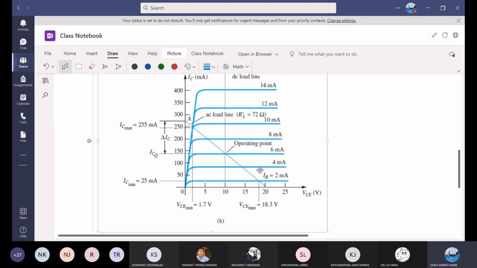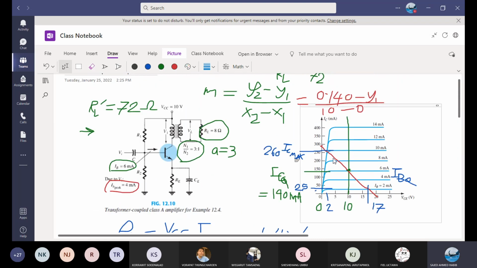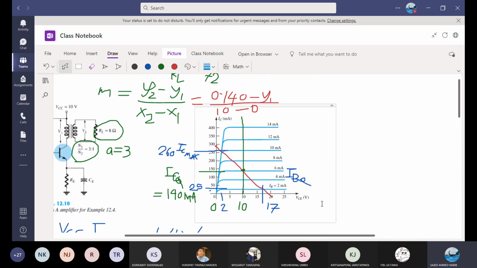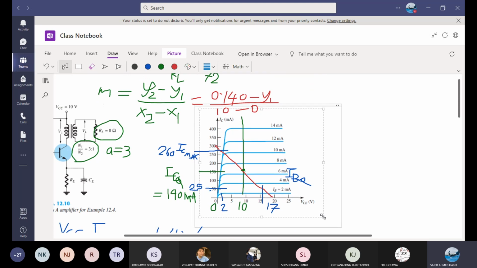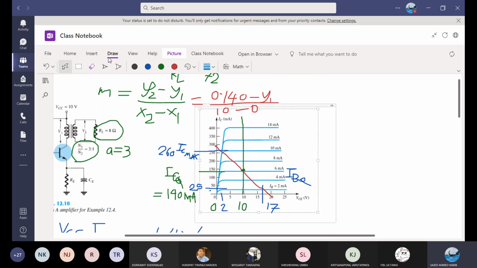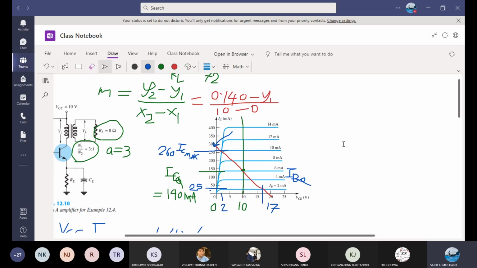I was also talking about this point right here. Let me, if I increase, everything will be gone, so I should not do that. Let me point out this point, which we found that when you extend the line, it hits at 279. If you don't want to draw the slope, there's another solution to it. Because the peak IC, you can find from here.